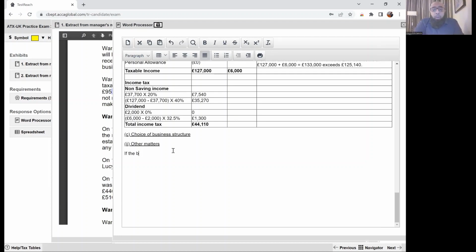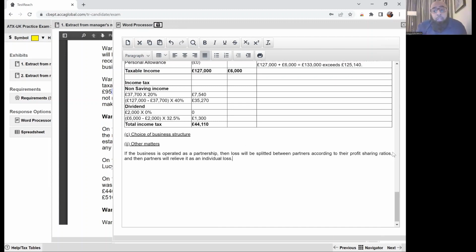If the business is operated as a partnership, then the loss will be split between partners according to their profit sharing ratios, and then the partners will relieve it as an individual loss.